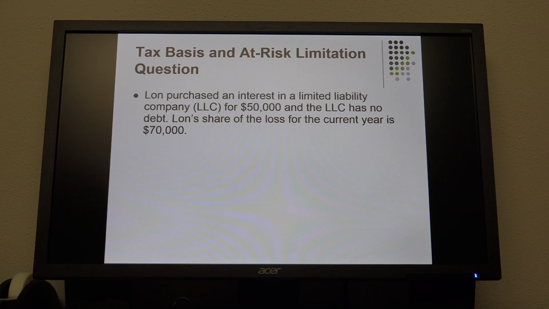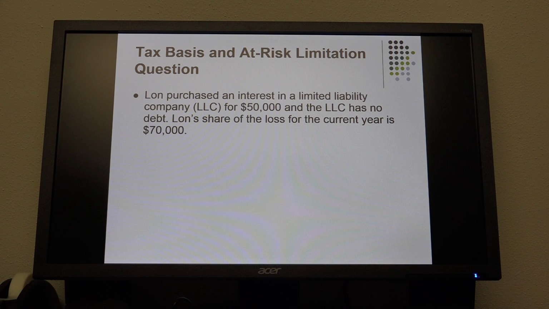So they have an example here using these first two hurdles, the tax basis hurdle and the at-risk limitation hurdle. Lon purchased an interest in a limited liability company for $50,000 and the LLC has no debt. Lon's share of the loss for the current year is $70,000.